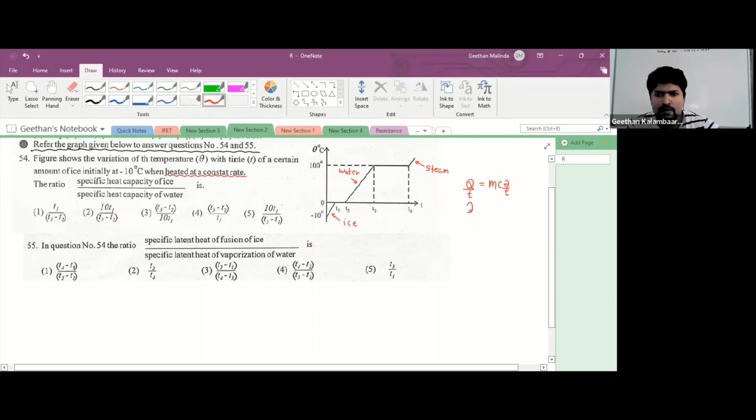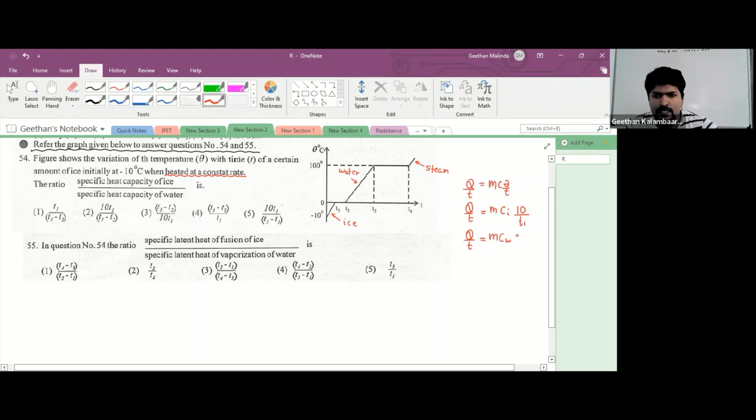So you can write Q by T for water, for ice. When you write it for ice, it's the specific heat capacity of ice, the temperature difference is 10, divided by the time taken, T1. Then we apply the same for water, Q by T. Q by T is the same as M, C water.